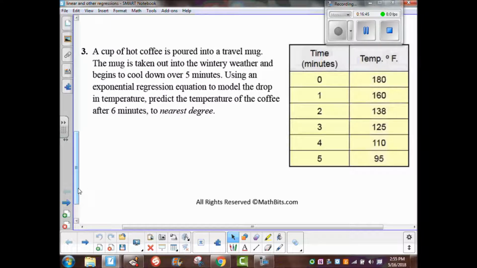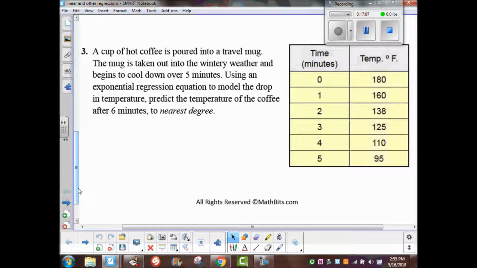So a cup of hot coffee is poured into a travel mug. The mug is taken out into the wintry weather and begins to cool down over 5 minutes. Using an exponential regression, we're telling you what type of regression to take here, to model the drop in temperature, predict the temperature of the coffee after 6 minutes to the nearest degree.